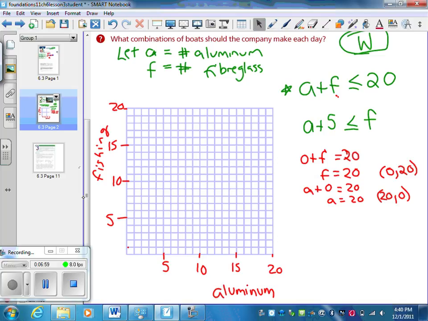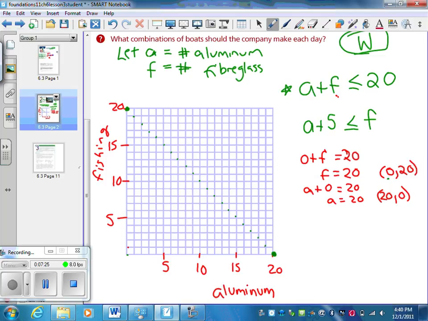When A is equal to 0, F is equal to 20, so we have a point there. Our second point, when A is equal to 20, F is equal to 0. And we're going to stipple in a line there, like that.